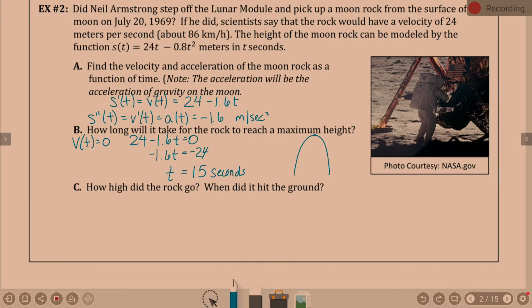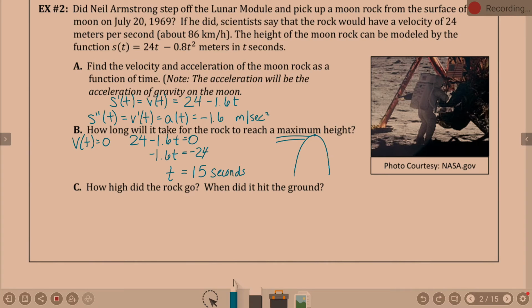Okay. So, how long does it take for the rock to reach the maximum height? 15 seconds. How high did the rock go, and when did it hit the ground? So how do I figure out how high the rock went? Yeah, it reached a max height at 15 seconds.